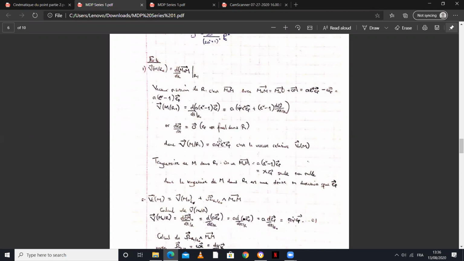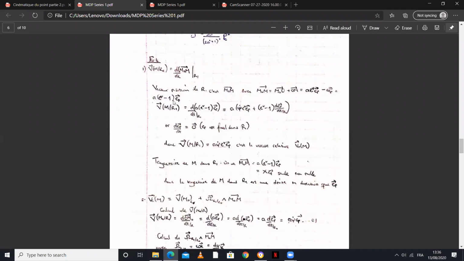And when you look at the vitesse, it's just some term, some coefficient suivant E rho. So when they ask you, what's the trajectoire? You look at the vitesse. The vitesse is just some term suivant E rho. Not actually the vitesse, but the vector position rather. You look at the vector position.